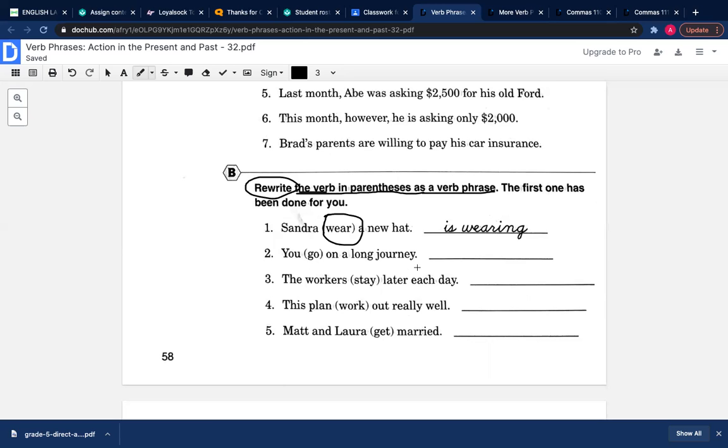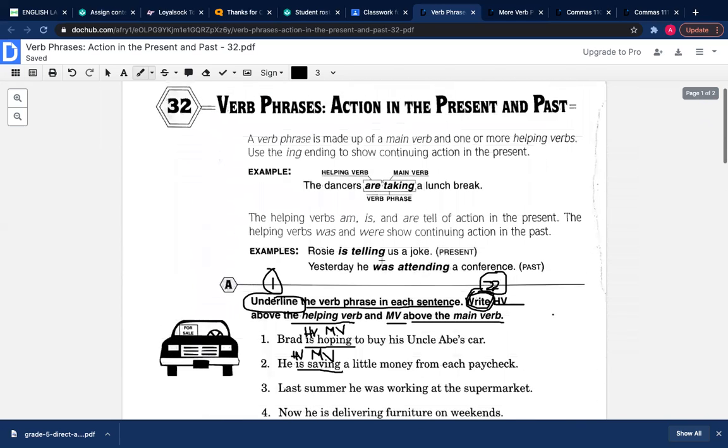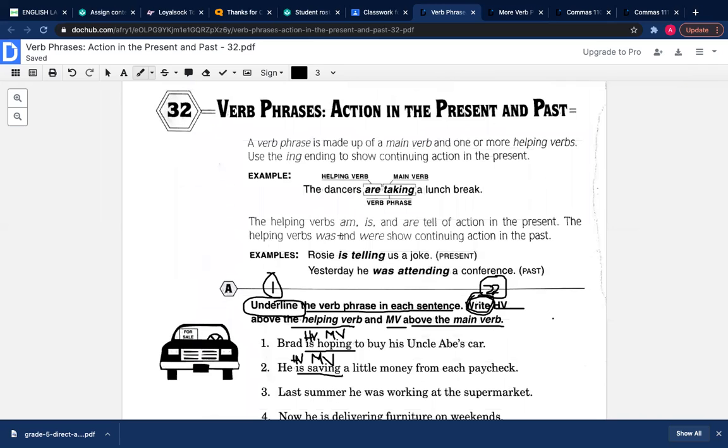You go on a long journey. Okay, now we need a helping verb, and to make this a verb phrase by adding the ing on the end of go. Okay, so let's take a look up here. Let's see some of our other helping verbs. Am, is, and are all tell action in the present.